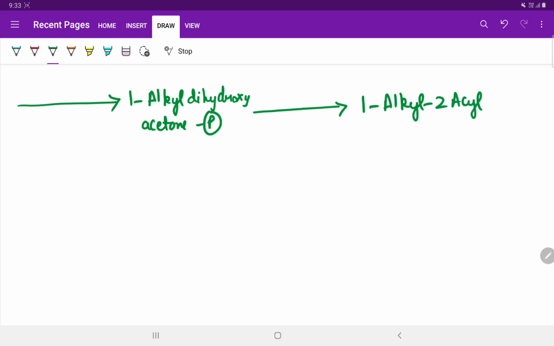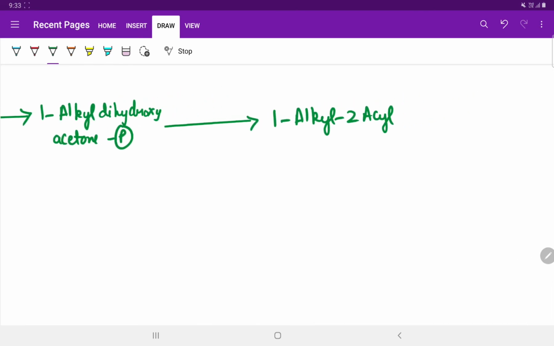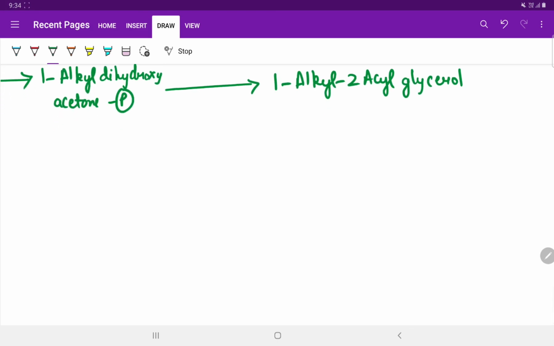Students, these are just the major key intermediates that are involved in the synthesis of plasmalogens. Otherwise, it's a very long biosynthetic pathway.